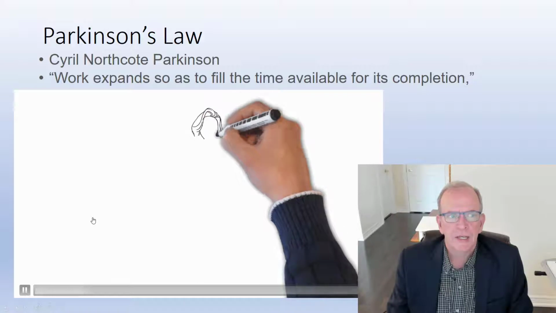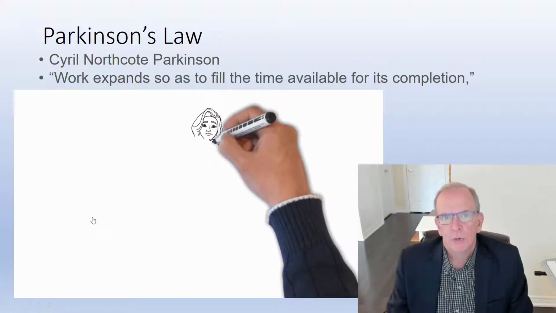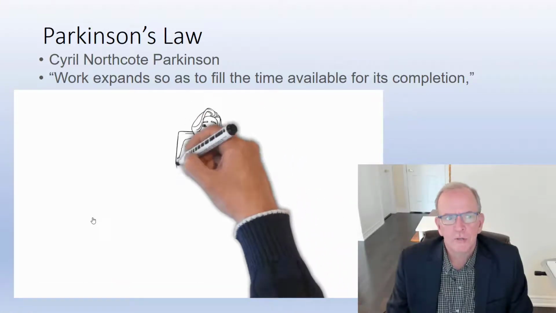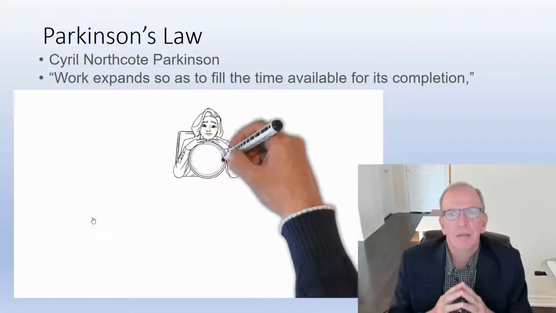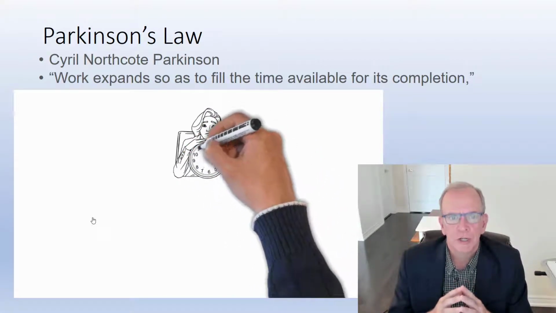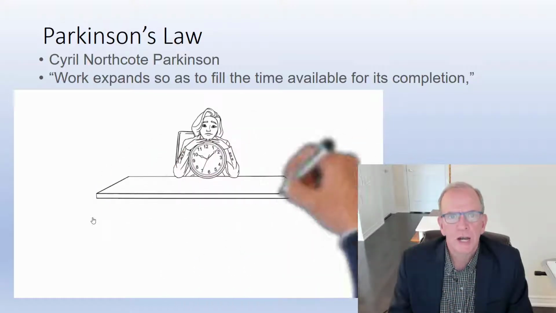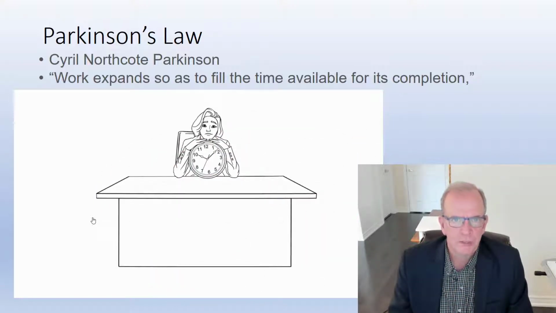Now, one of the things that we find with time, and he observed this, is that work expands so as to fill the time available for its completion. We're all concerned about time and how long things take for us to be able to complete them. His observation was that if you give somebody a week to do something, it'll take them at least a week.